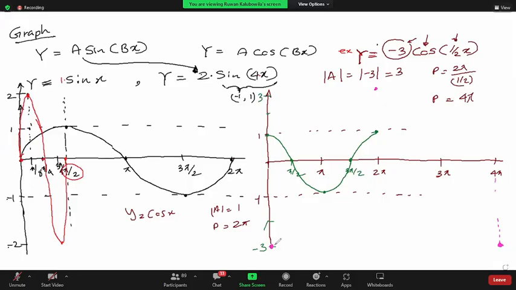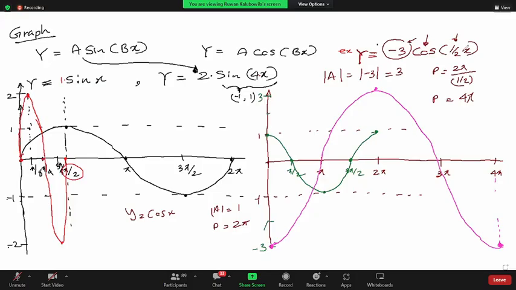So your cos curve should go this way. Right. This is the curve for y equals -3 cos half x.